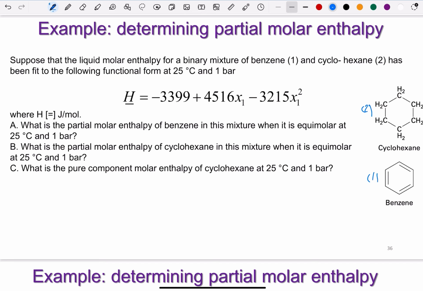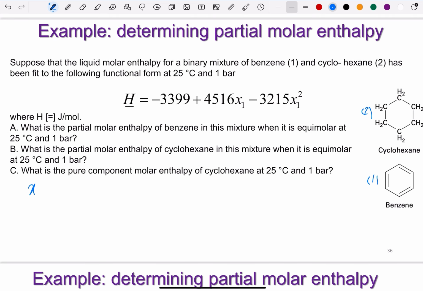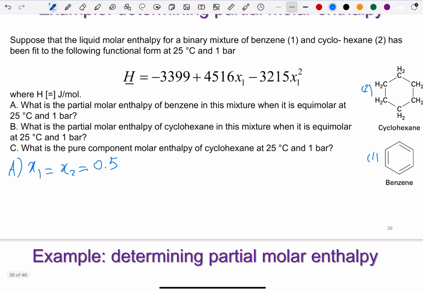So what does equimolar mean? We have an equimolar mixture, 50%, right? So for part A, x1 equals x2 equals 0.5. That's the definition of equimolar, same mole fraction. The way that I usually do it, maybe it's a little bit tedious, but it works pretty well. So I'm interested in calculating, in this case, H1 bar, right?